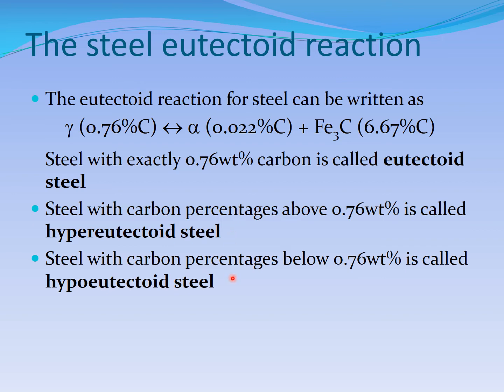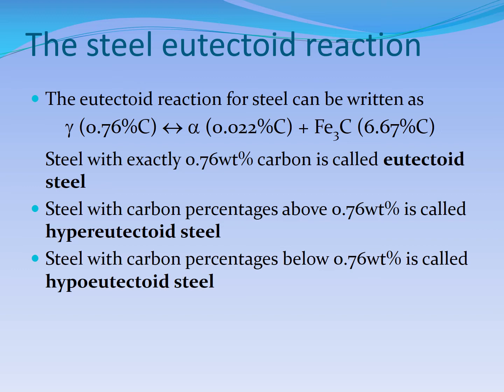Hyper. So this eutectoid, hypoeutectoid or hypereutectoid is based only on the percentage of carbon. If the percentage of carbon in this steel is 0.76%, this is only one steel known as eutectoid steel.